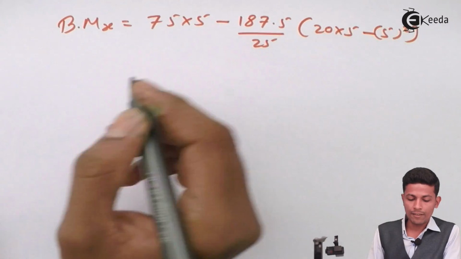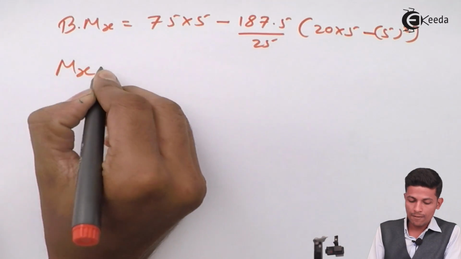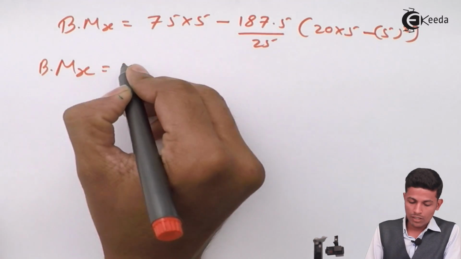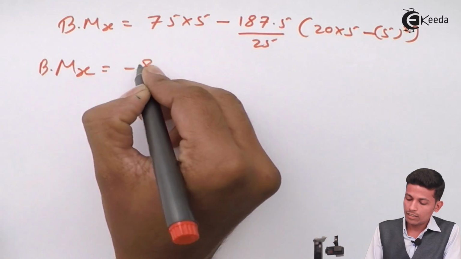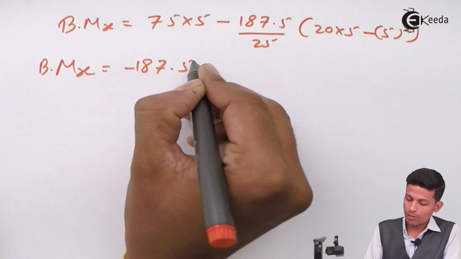So Mx will be minus 187.5 kilonewton meter.